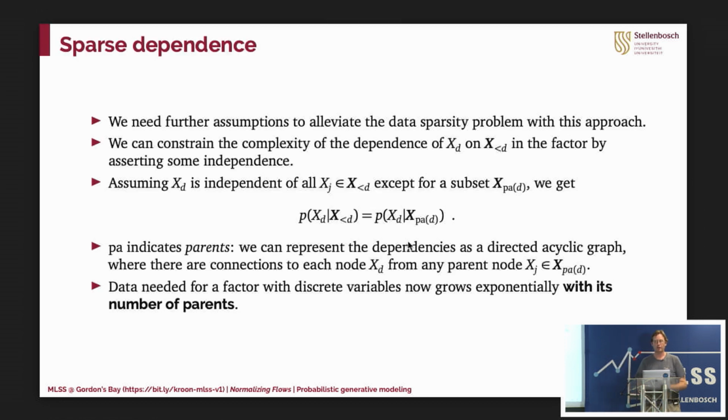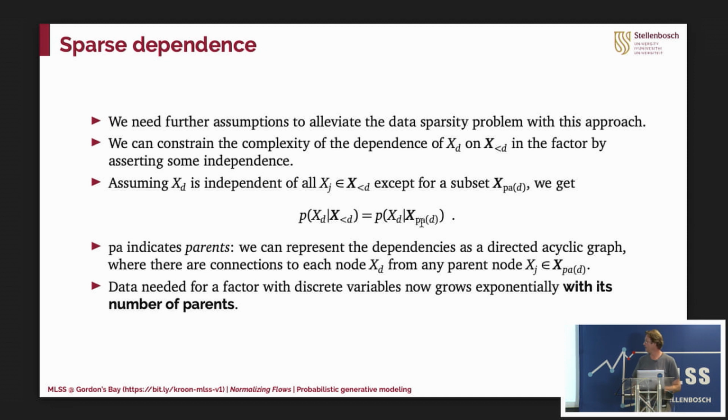So in general, when we assume that a specific component is independent of all the preceding components except for a small subset, we get that the conditional density of xd given the preceding values is actually equal to the density of that value given that subset. And we use PA there to denote parents, because if we draw this as a graph and we think of the incoming arrows as parents, then we get what's called a directed acyclic graph, and that graph represents the dependencies.